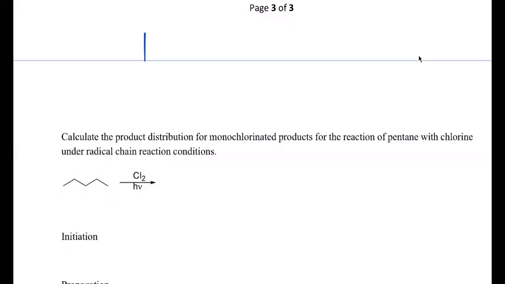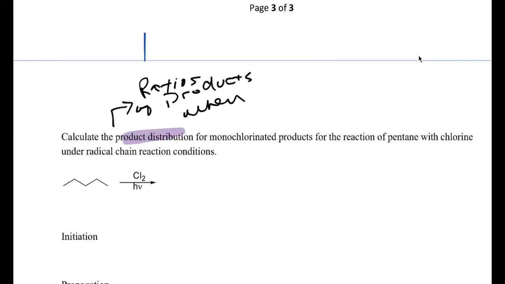So let's talk about what product distribution is. That's a term that we need to know. Product distribution simply refers to the ratio of products when competition is involved. So you have a reaction that has competitive processes happening, and you always get a certain ratio or distribution of different products.